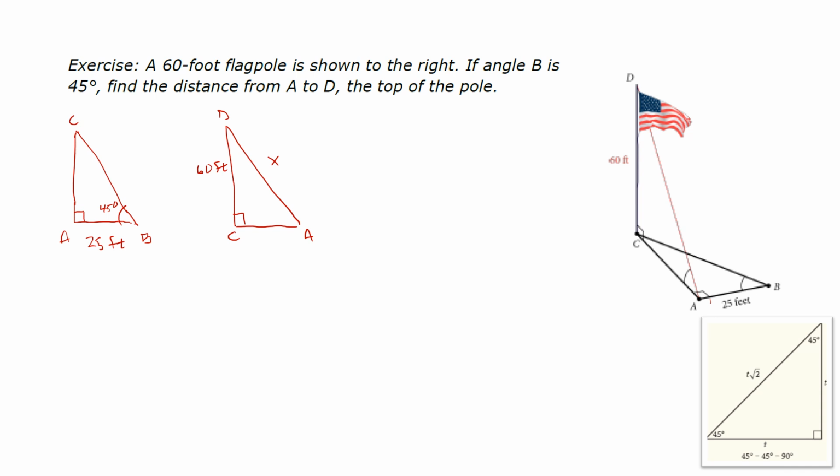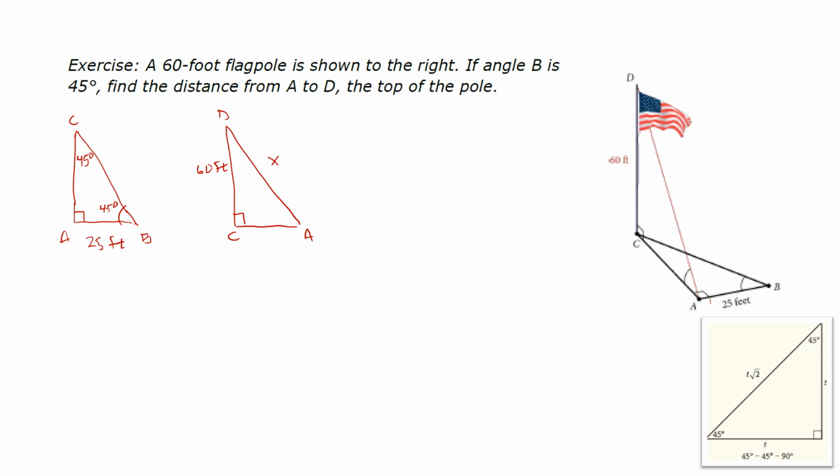So in our bottom triangle, the one laid flat, the 45-degree angled triangle, we know that our other angle then has to be a 45-degree angle because all the angles in a triangle sum to 180. So we know that's a special triangle.